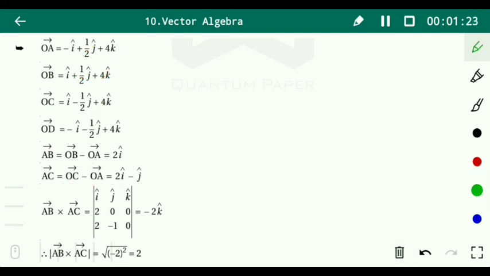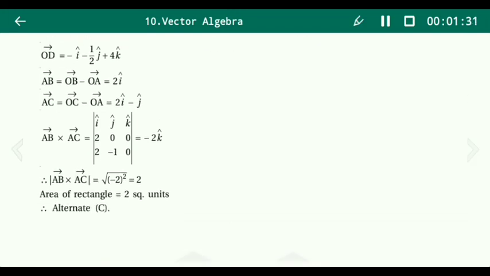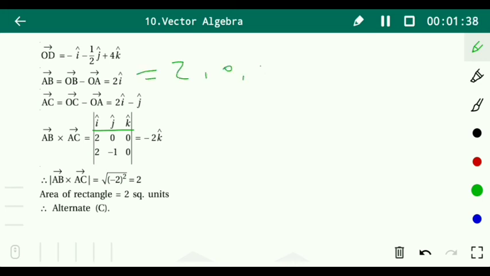So now we have to find the cross product of vector AB and vector AC. So vector AB cross AC is given in determinant form, with i j k in the first row, in the second row we can write 2, 0, 0, and AC is 2, minus 1, 0. So put the values of AB and AC over here.